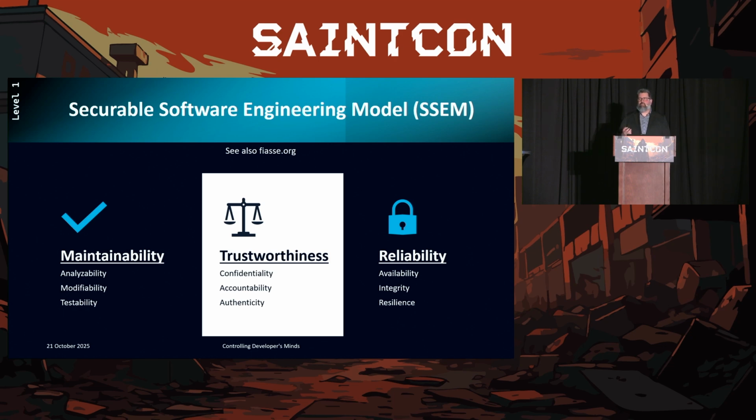So trustworthiness is something that is instantly relatable to us in security. But the hard part of it is that it's hard to map to code. The reason for that is because it requires cooperation between the modules. It's a systemic, higher level attribute.